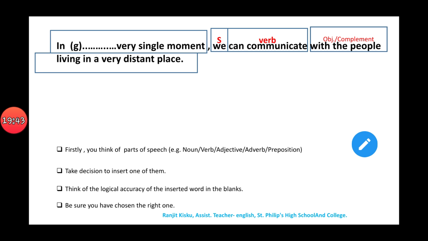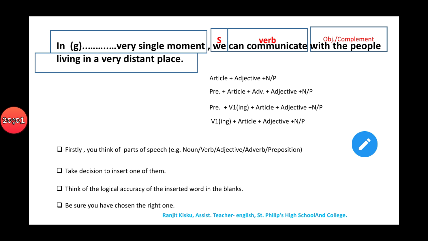Let's see, firstly you think of the parts of speech as previously, then take a good decision to insert one of them, and then justify the logical accuracy of the word that you have put in the gaps.